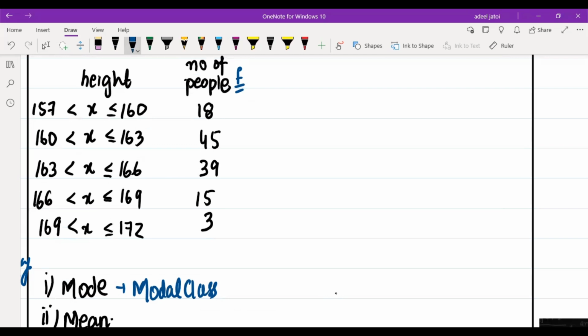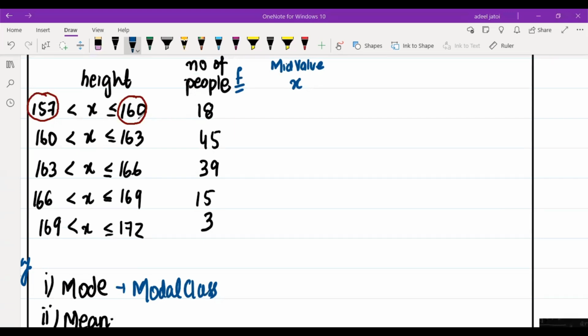So you need to find the mid value of the range, which will be your x. Now, how are you going to find your mid value? Your mid value will be easily calculated using the lower and the upper value of the class width. Now, this is your class width, right? Your modal class will be your class width. So the lower value of the class width is 157.